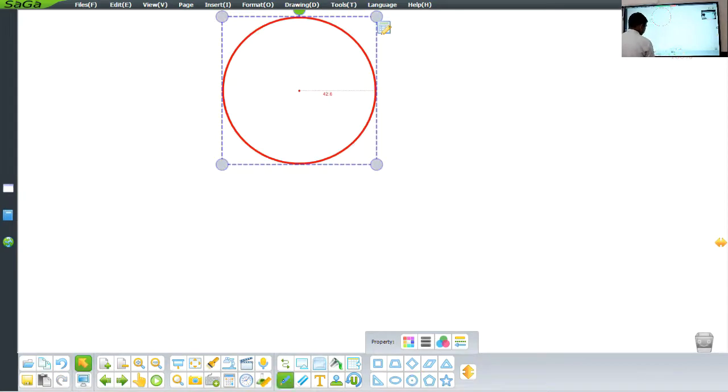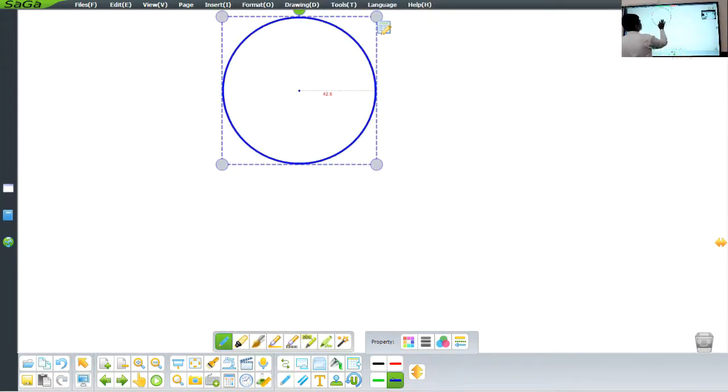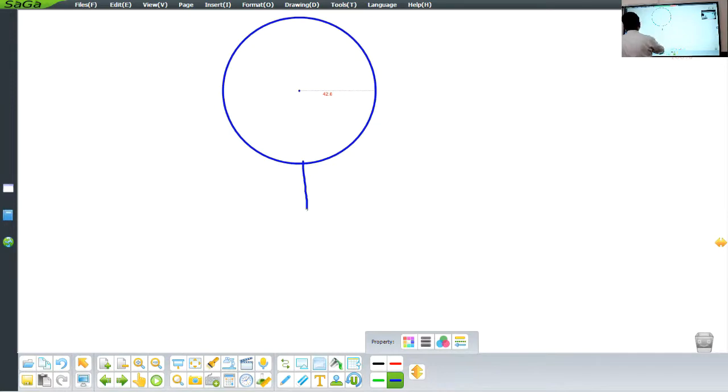We'll take one point on the circle, let this be point A. If I start moving along the circle, along the curved path, and go round the circle and then back to point A, this is known as the perimeter of the circle. Many times, this is specifically known as the circumference of the circle. So what is the perimeter? Perimeter is nothing but the distance all around a closed figure.